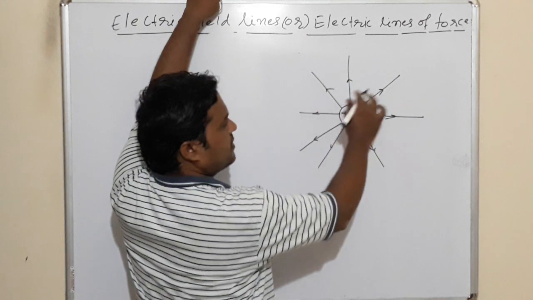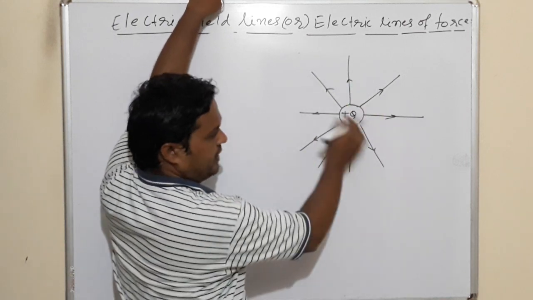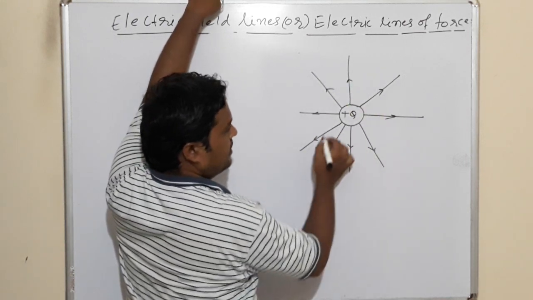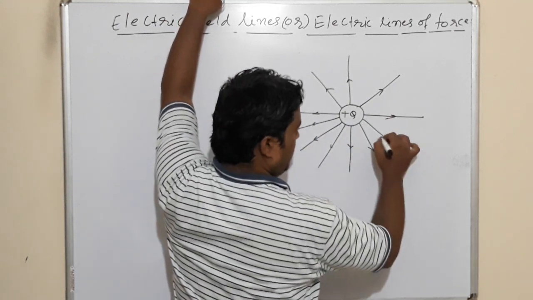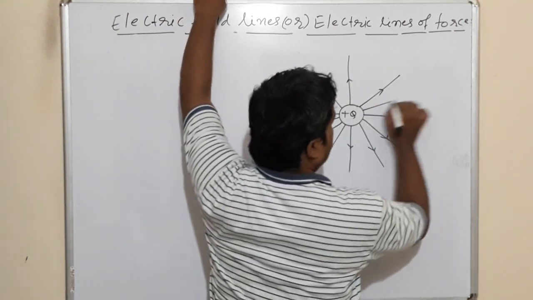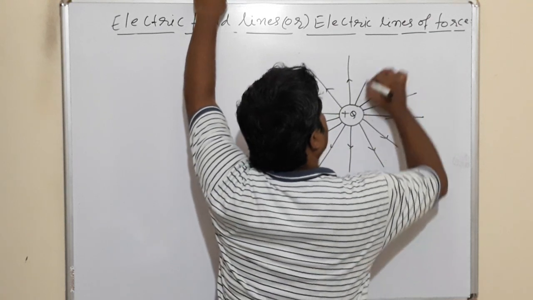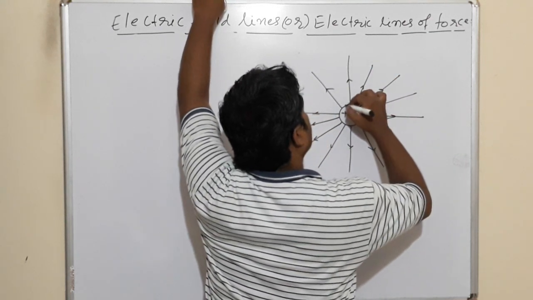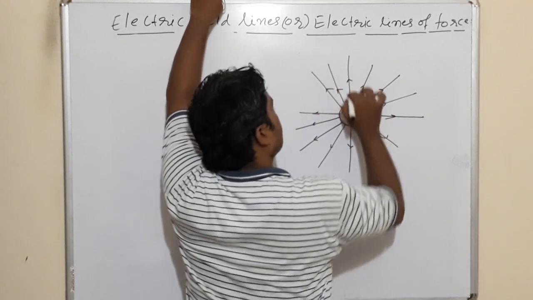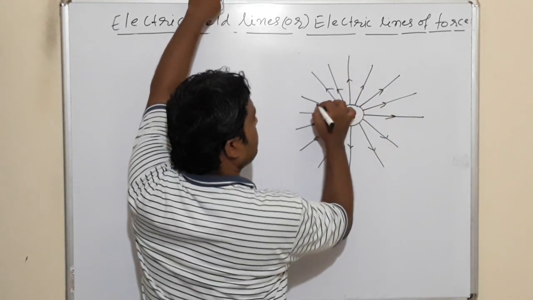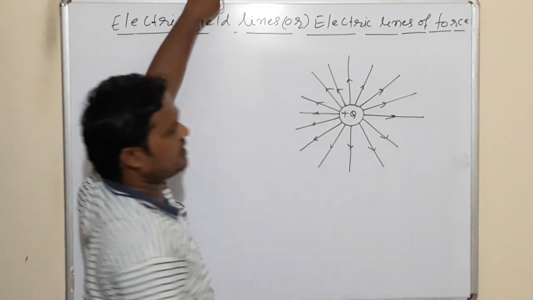In all directions, the density of lines, the number of lines, must be the same. This is another line here, one more line I am drawing here. These many lines I have drawn.